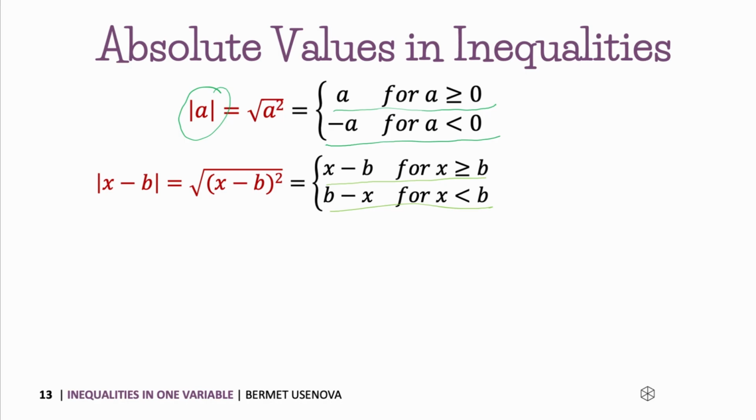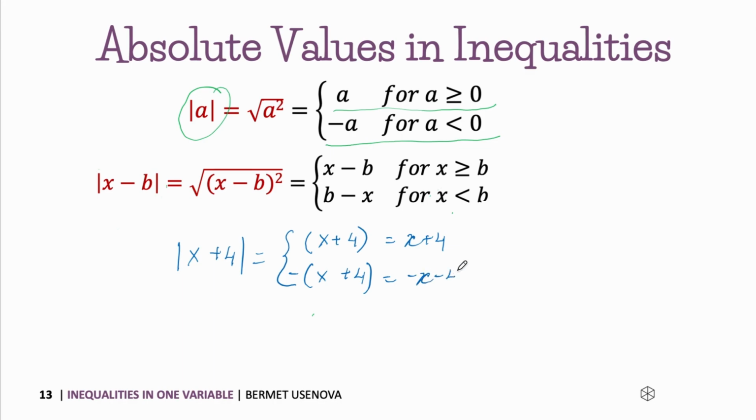This is a general form of how it can look in inequalities. For example, we have the term x plus 4. This is the absolute value of two terms: x plus 4 and the negative term of x plus 4, which is minus x minus 4.